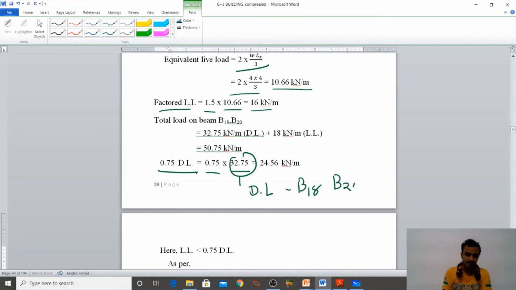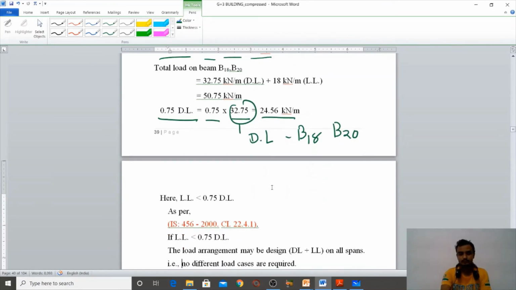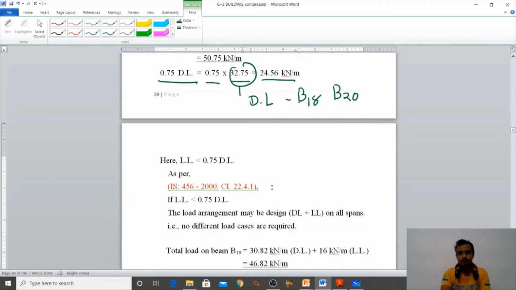and B20. So 0.75 into 32.75, the load is 24.56 kilonewton per meter.